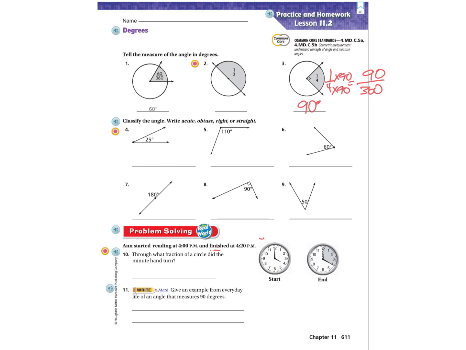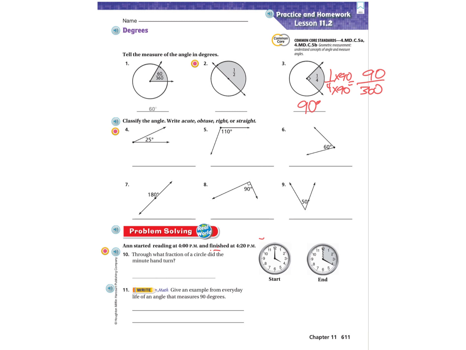The second section says classify the angle. Write acute, obtuse, right, or straight. Okay, so we already talked about what is a right angle. How many degrees? 90 degrees. And anything less than a right angle is an acute.